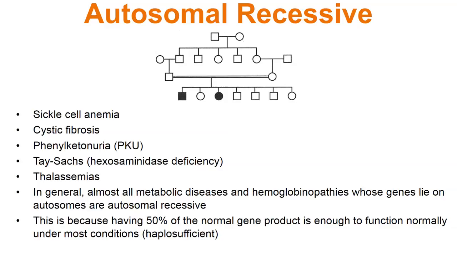One thing you can also say is that the carriers, in many cases, we say are asymptomatic. Sometimes if you put them under the right conditions and things get stressful enough on that pathway, they can start to show symptoms. And we'll see examples of that with thalassemias today. But for the most part, having 50% of the enzyme, because that enzyme is normal, is good enough.